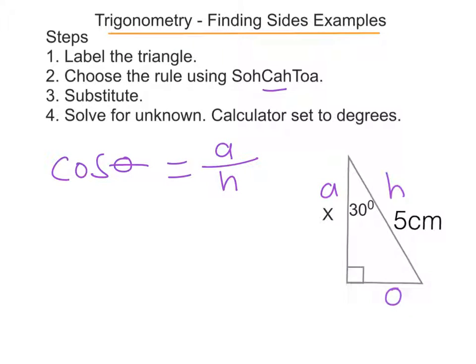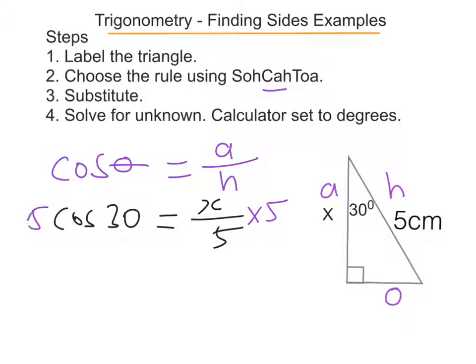Substitute the values in. So cos of 30 degrees is equal to x over 5. So again, I need to solve for x and make x the subject. The 5 is stopping it being by itself, so I need to multiply both sides by 5.